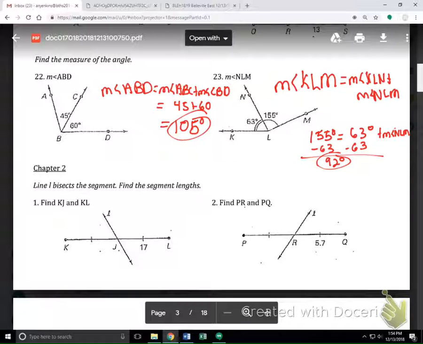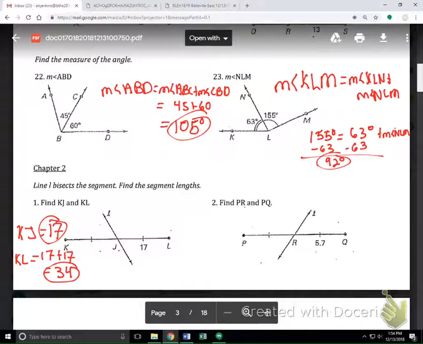You can set it off to the side, check your notes. Okay. So we have congruence between those two parts. So you know that KJ has to be 17 because they're congruent. So that means that we're looking for KL. KL is going to be 17 plus 17, which is 34.